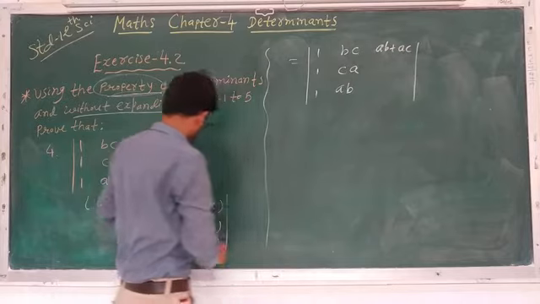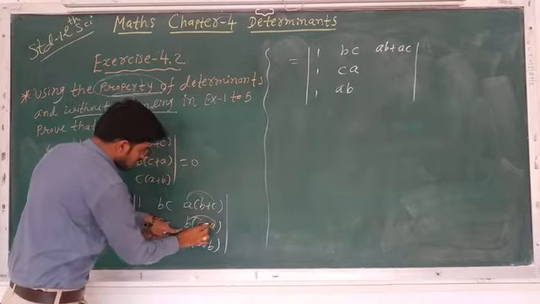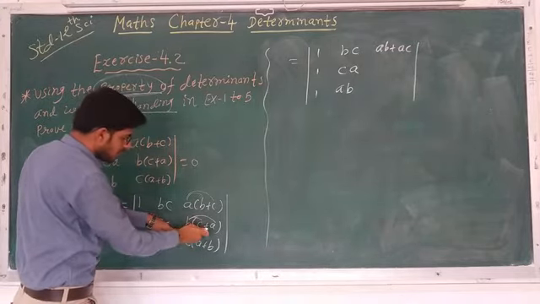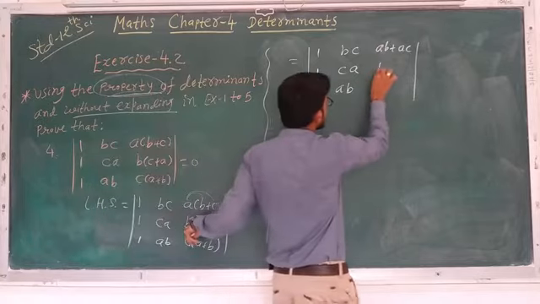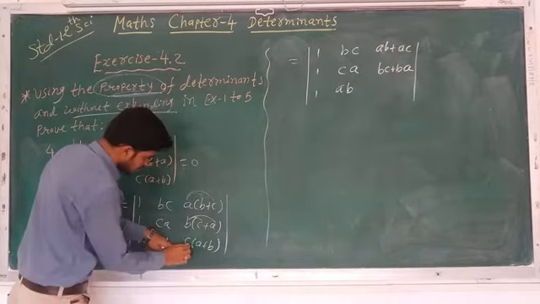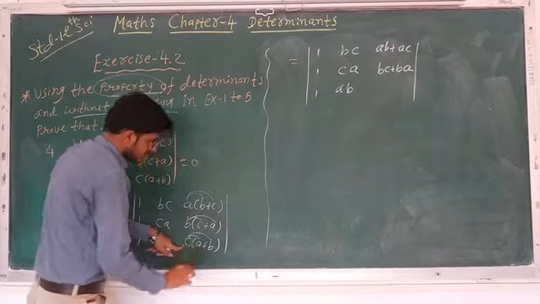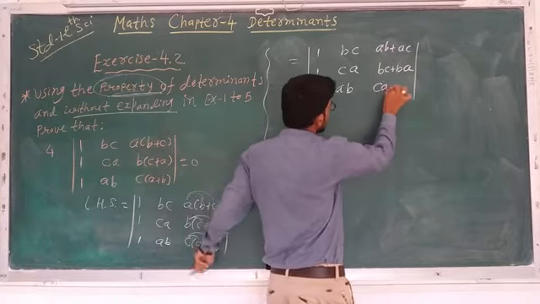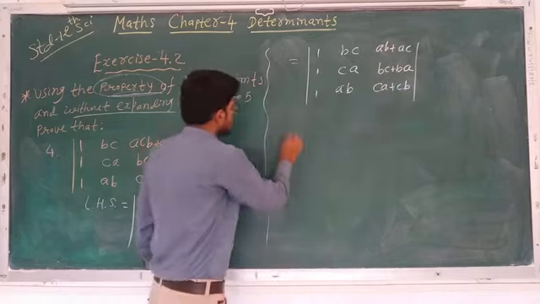Here BC plus BA, because we multiply by B. And the third column is CA plus CB.